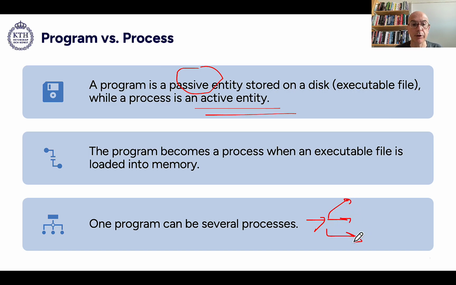And at this point, our program can contain different processes. So for instance, when you're running a supercomputer, you will spawn many different processes that will be mapped to different computing nodes of the supercomputer. But we will have one program that is actually spawning and using several processes.